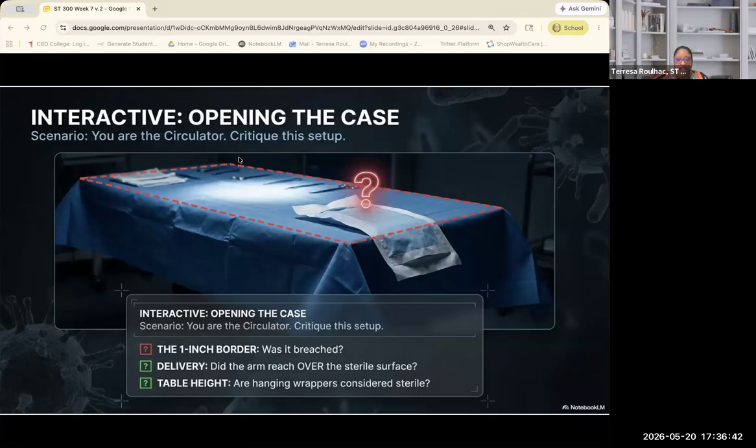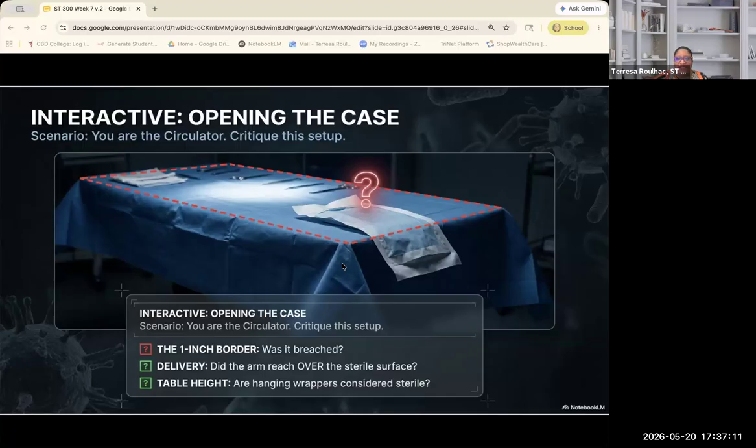Look carefully at this setup. Something is definitely wrong. Your job is to find it. Was the 1-inch border respected in this setup? It's not. Why is the 1-inch border non-sterile?